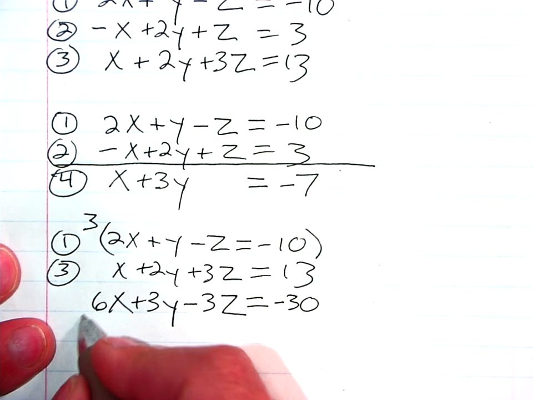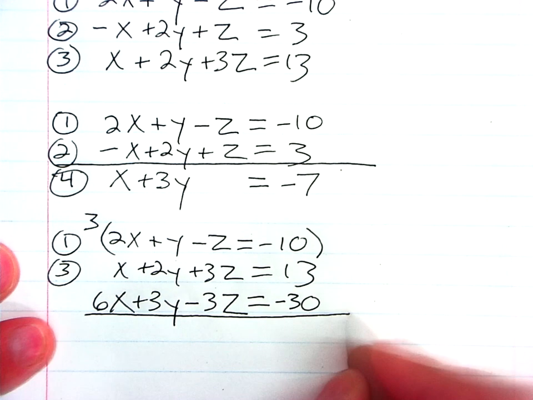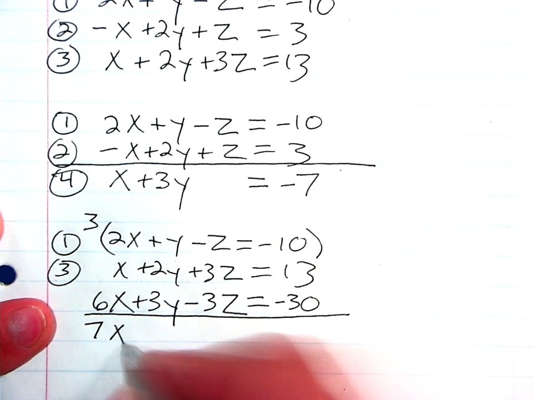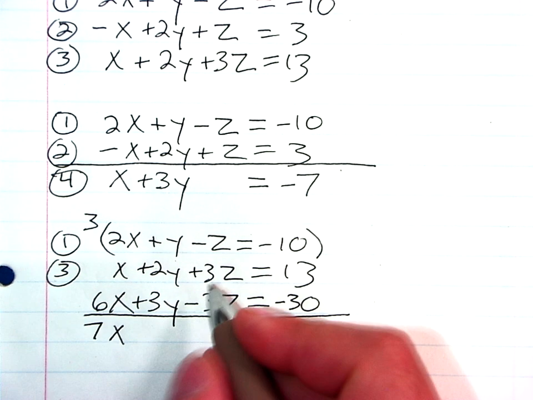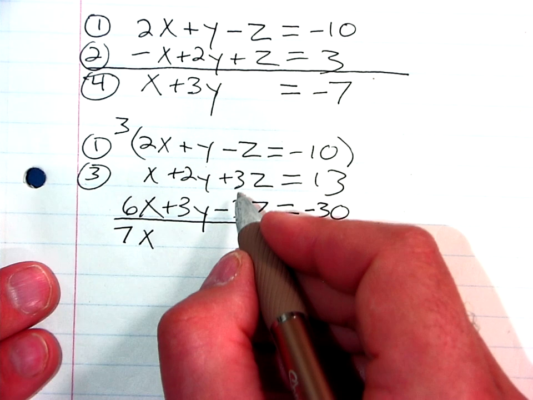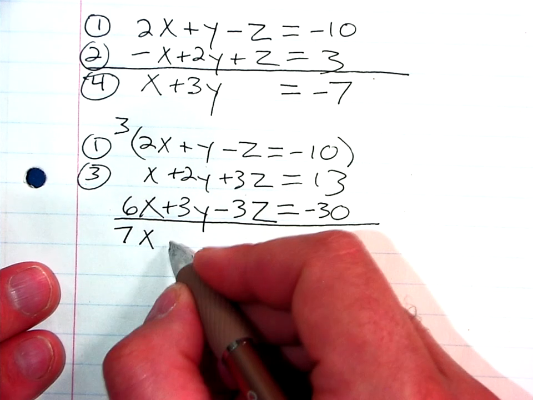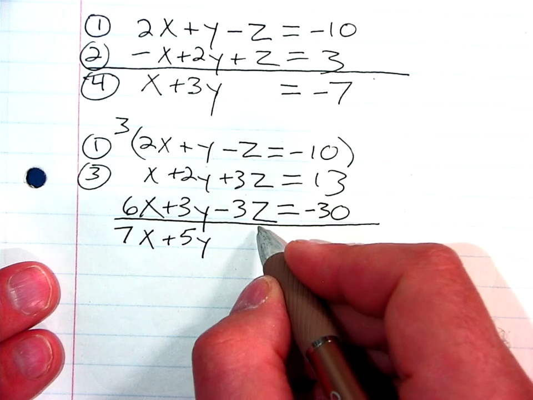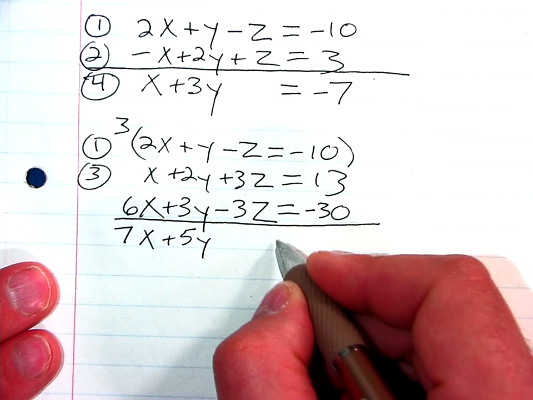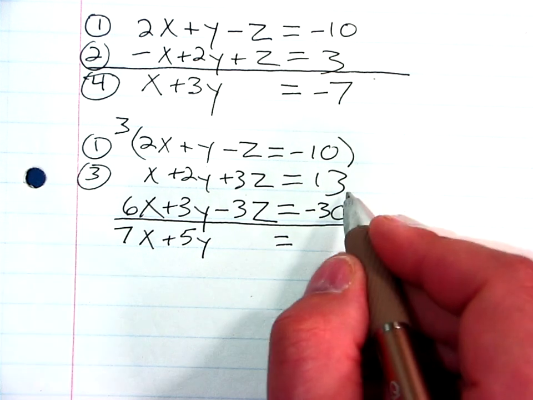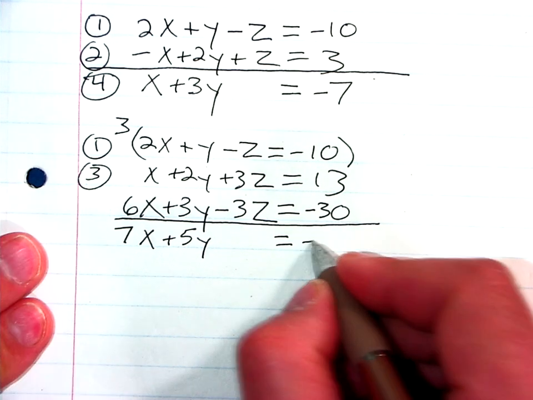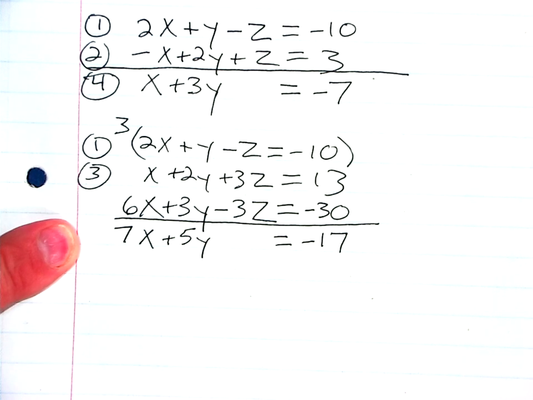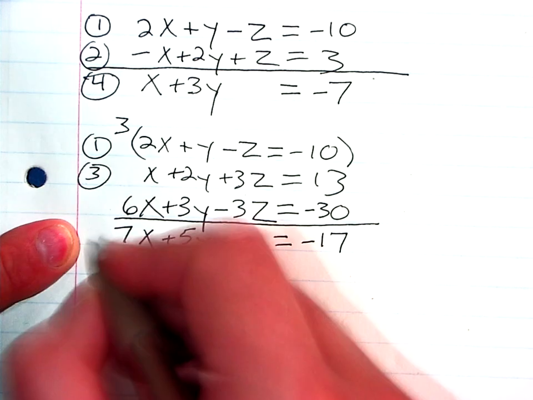All right, let's draw our line. 1x plus 6x is 7x. 2y plus 3y is 5y. 3z minus 3z is 0. We eliminated our z's. Life is good. 13 minus 30 is negative 17. So in what line is this going to be? 5. Thank you.